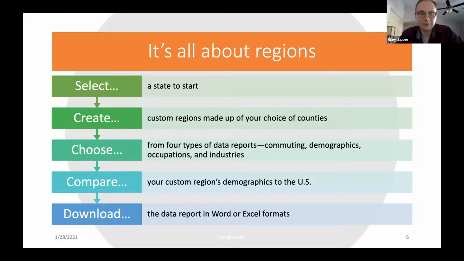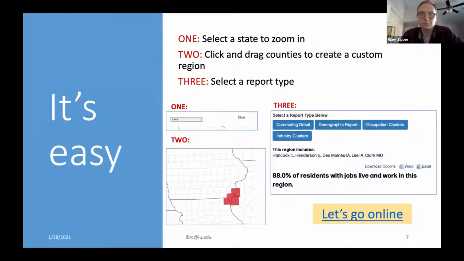You would select a state to start, and you can build custom regions made out of counties that are contiguous or not. There are 4 types of data reports available: commuting, demographics, occupations, and industries. You can compare your region's demographics and then download a data report in Word or Excel formats. So just a 3-step process there.